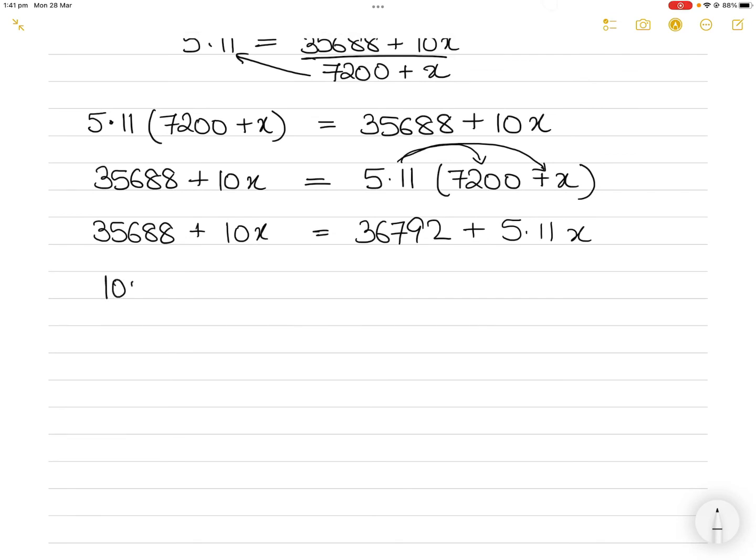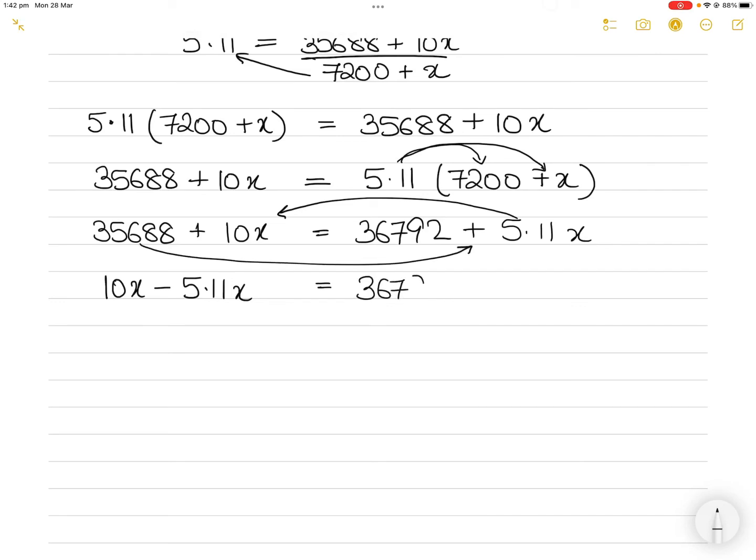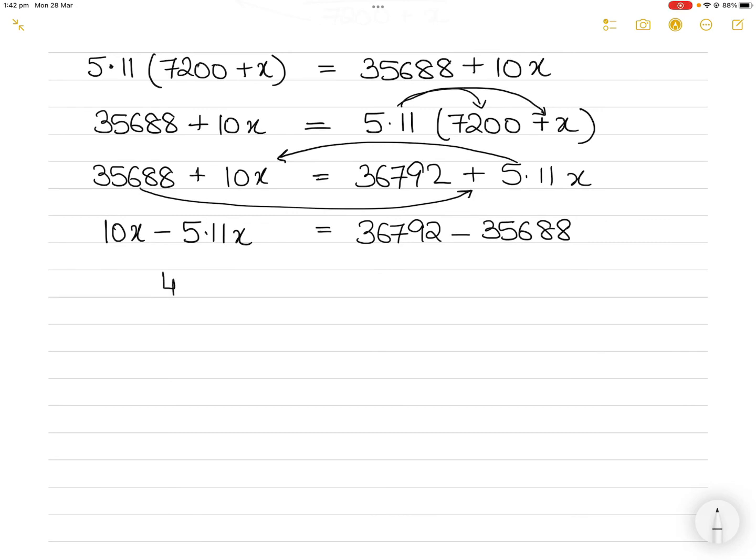Then we can write this as 10x minus 5.11x. We'll bring 5.11x to the left hand side, and we'll take this number to the right hand side. So this becomes 36,792 minus 35,688. This gives you 4.89x, and this gives you 1,104.